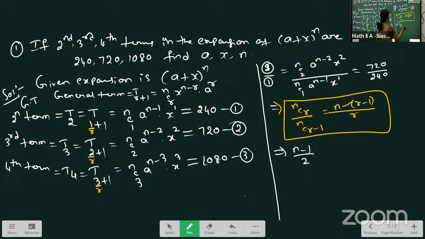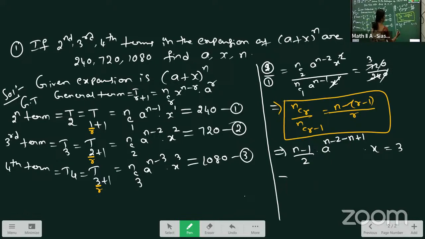Now, a to the power n minus 2 is there. Take this a to the power n minus 1 to the numerator, it becomes negative, minus n plus 1. x cancelled with x squared, which leaves x. 240 ones are 240, 240 threes are 720, so 3.